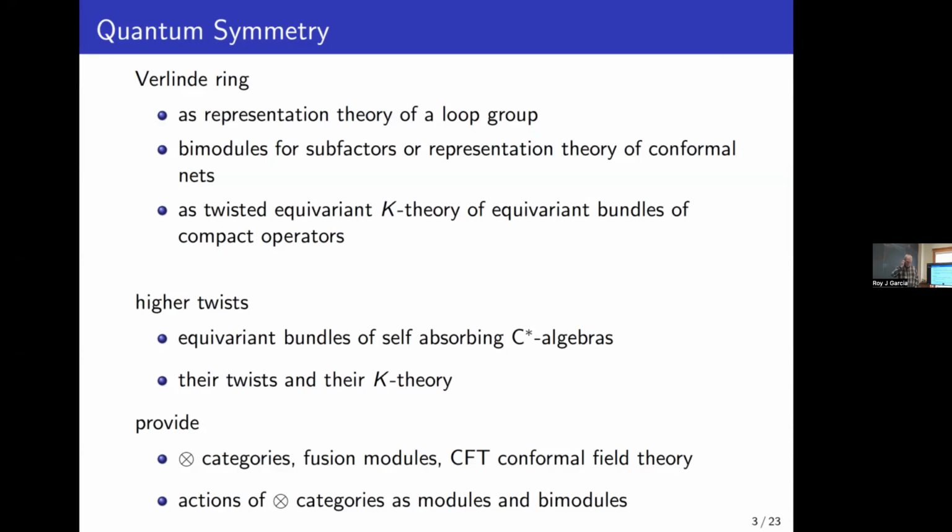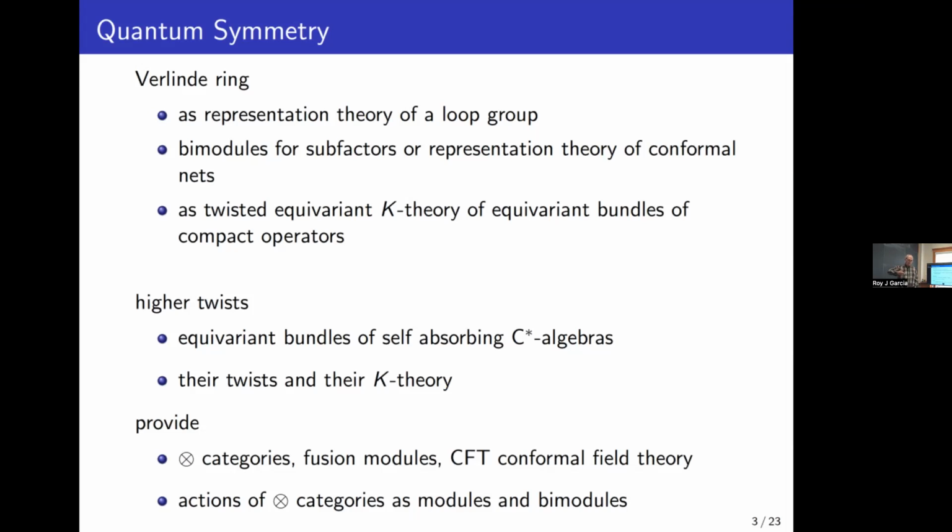There's always this underlying problem: if you have a modular tensor category, does it arise from conformal field theory? So that's one thing, and then the other thing I want to look at is actions of these tensor categories on various algebras or operators, just as you would with regular symmetries.